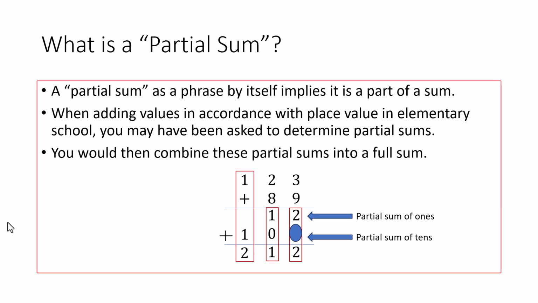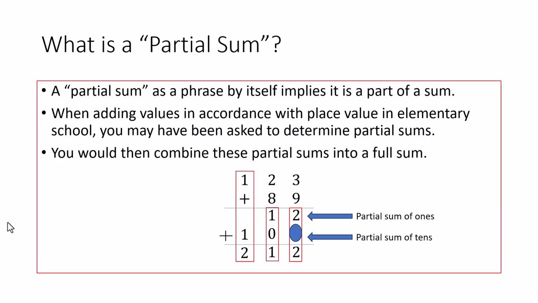Now I've covered up the ones column with this blue oval so that we don't misalign these numbers in accordance to place value. Now the last number, the 100s place value, doesn't have anything to combine with, so we're just going to leave it be for right now.